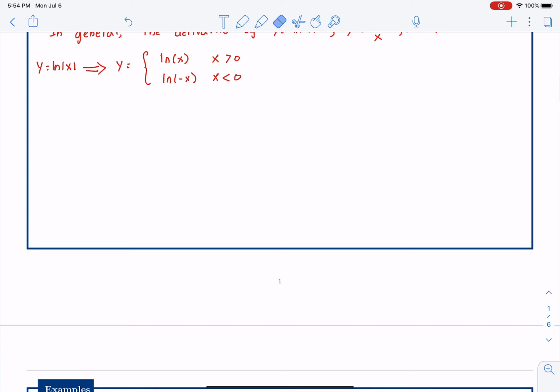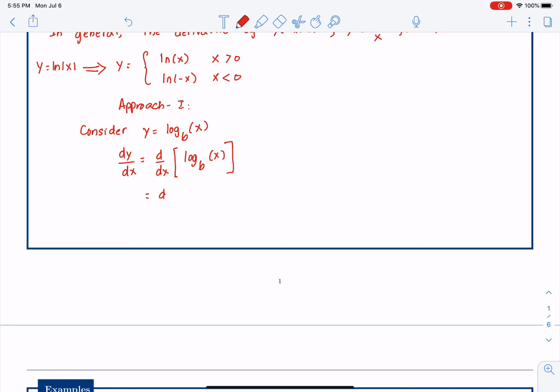So the easy approach, approach 1, consider y equals log base b of x, and we want to find the derivative, so dy over dx, simply d over dx of log base b of x.